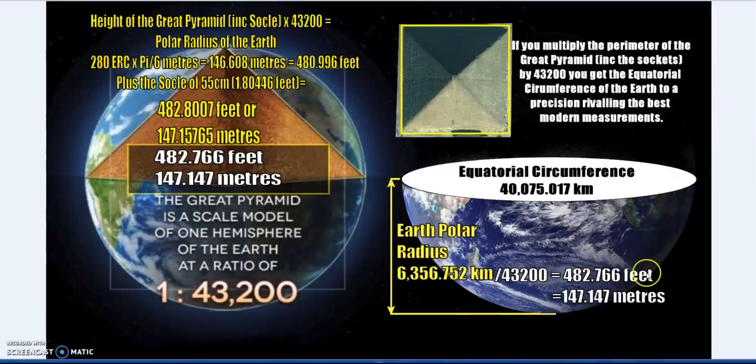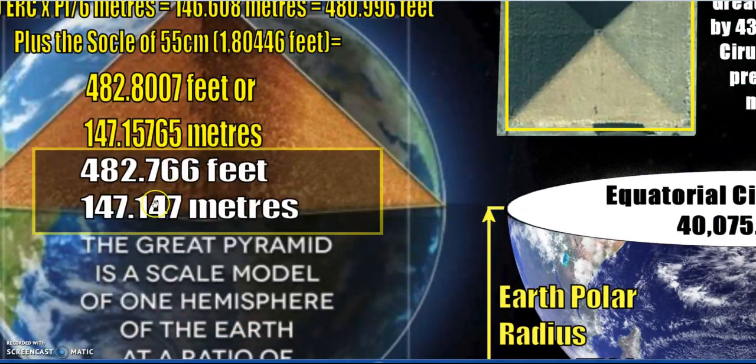And so the number we want, compared to the number we get, again, very, very close. 482.766 feet would be the ideal number we're looking for, and we get 482.8 feet. And because of the inch discrepancy in how to measure it exactly, again, very, very close.